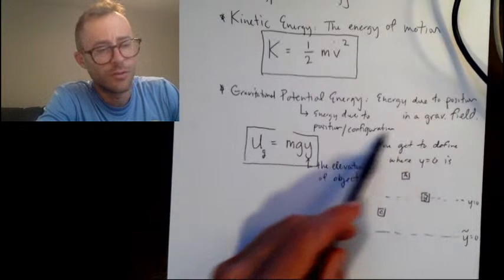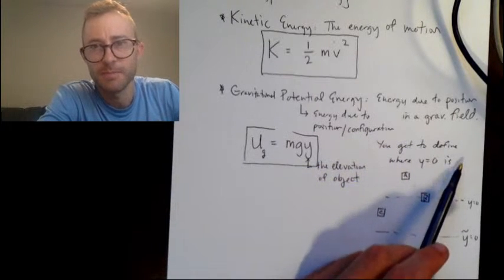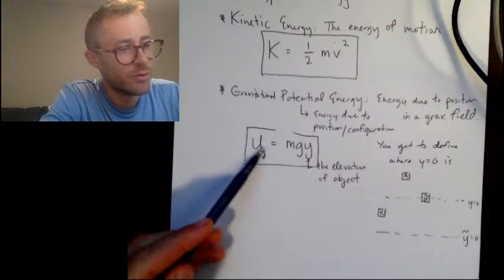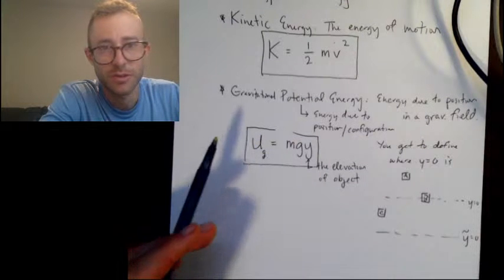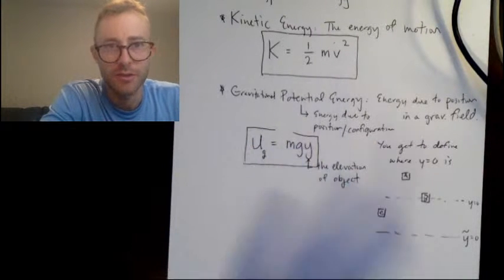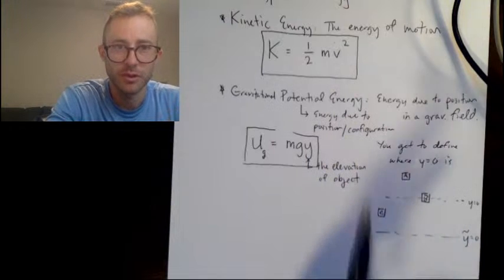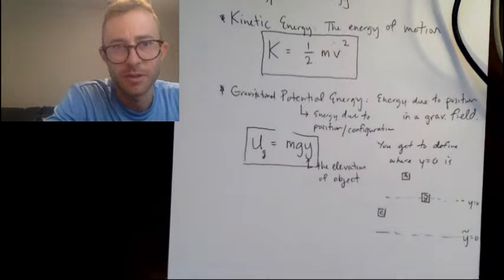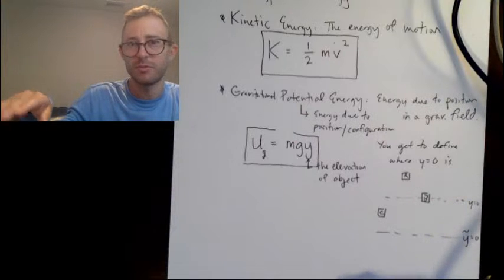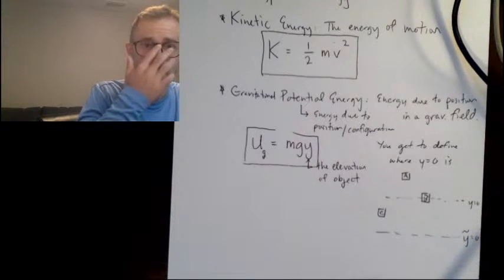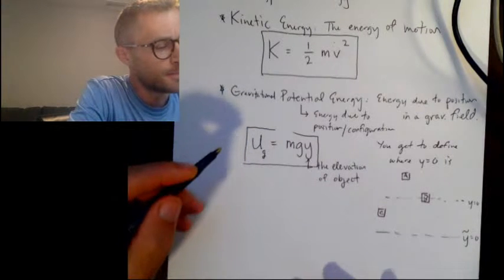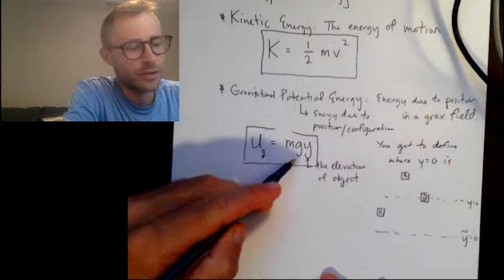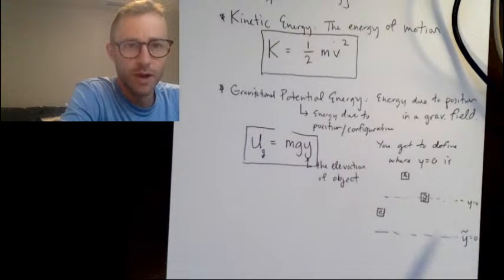So where you define y equals 0 is going to affect the numerical value of the gravitational potential energy, but it's not going to affect the result of your calculation. Typically speaking, I'll just choose y equals 0 to be the floor. M is, of course, the object's mass, and g is the acceleration due to gravity.